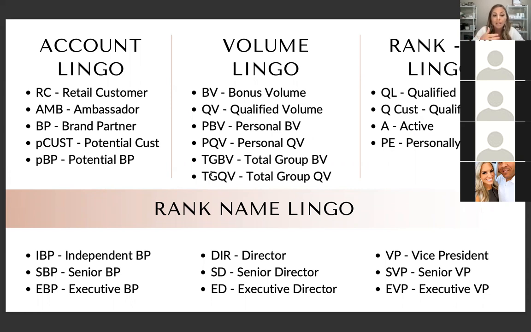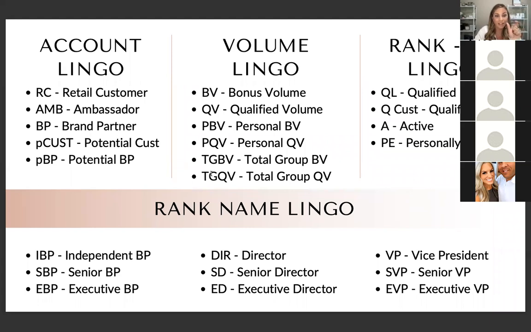QV, sometimes this is the same and sometimes these are different, all right? So QV is the qualified volume on a product. Let's say we're doing a sale and we want to give you guys extra QV on a product to help you promote. We can only pay you what we can pay you because a dollar can only be split so many ways.